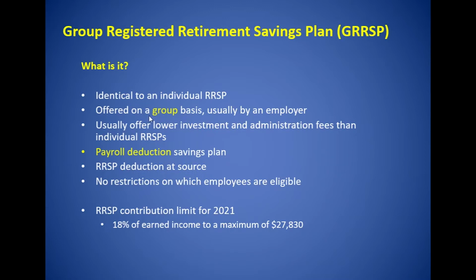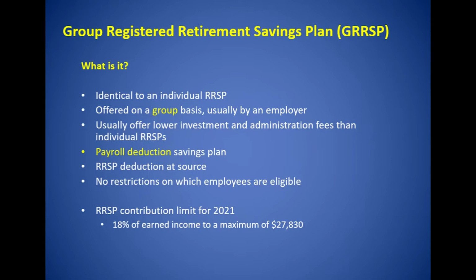And so why would a company put together a group RRSP program? Well, number one, they want to have it as a benefit to their employees. Number two, the primary reason is that these group RRSP programs tend to offer lower investment management fees and lower administration fees than an individual RRSP.